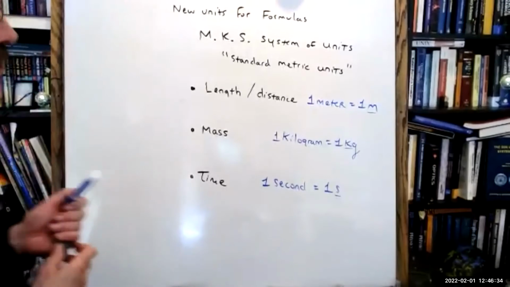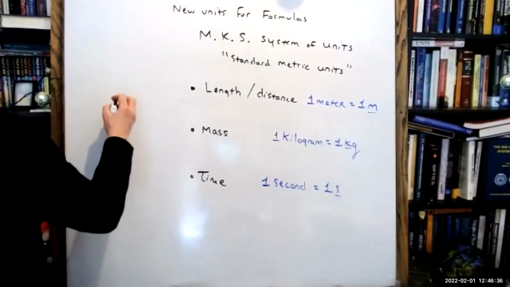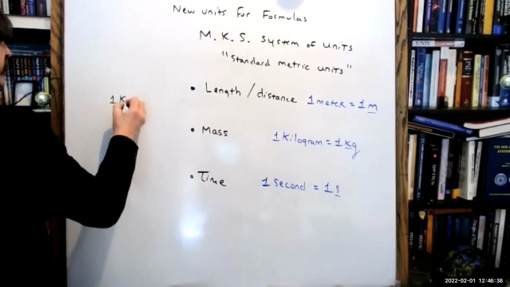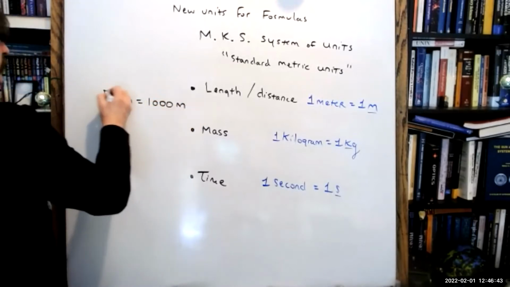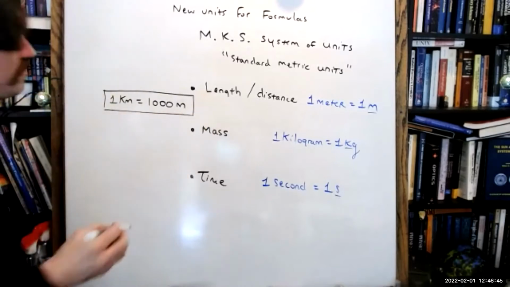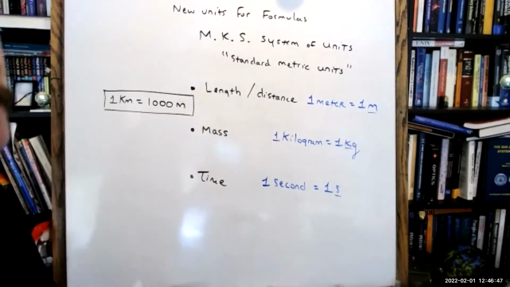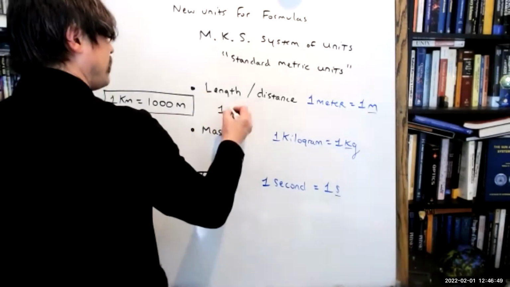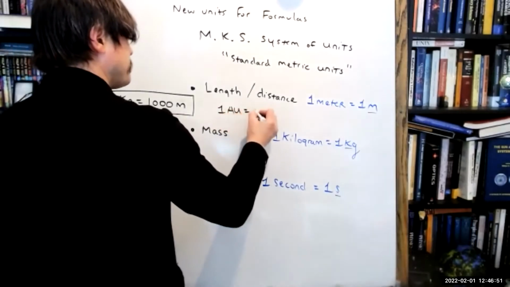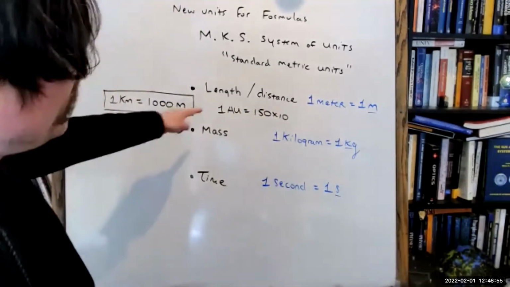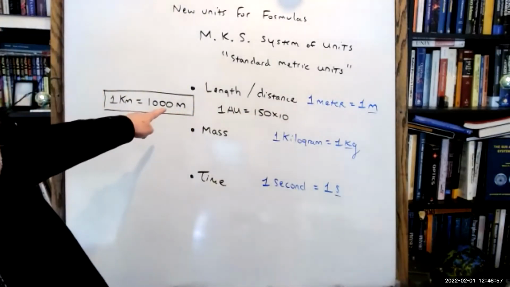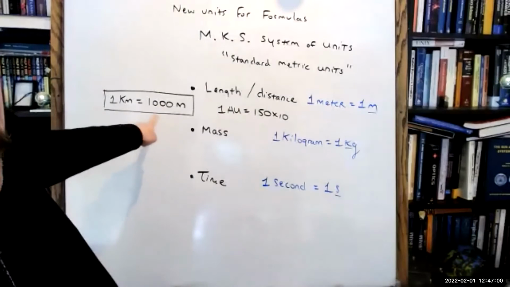Here are some conversion factors that I know will come in handy. For length, 1 kilometer equals 1,000 meters. That will come in handy. Probably the 3 that we'll use the most often are that, the astronomical unit. Now, we know that it's 150 million kilometers.